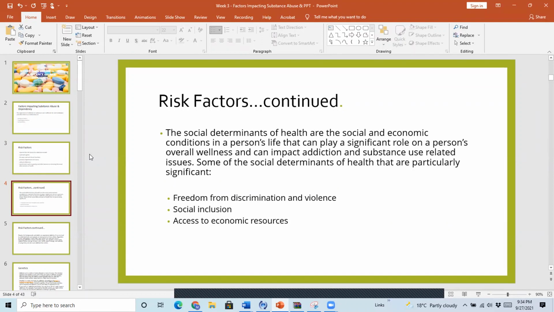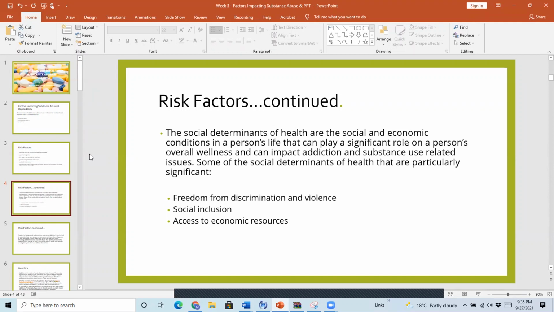There have been studies that have examined how the social aspect of your life leads to a really healthy being, like a health and wellness sort of thing. They identified three main points. One, freedom from discrimination and violence, right?